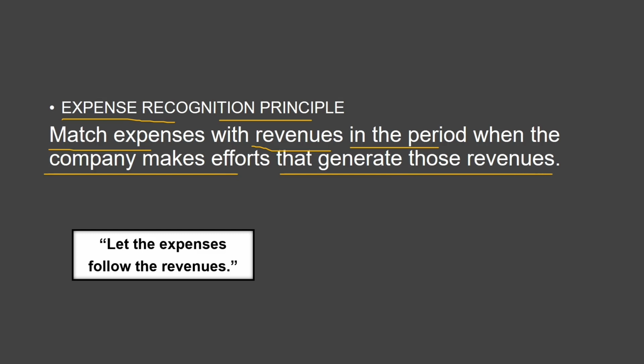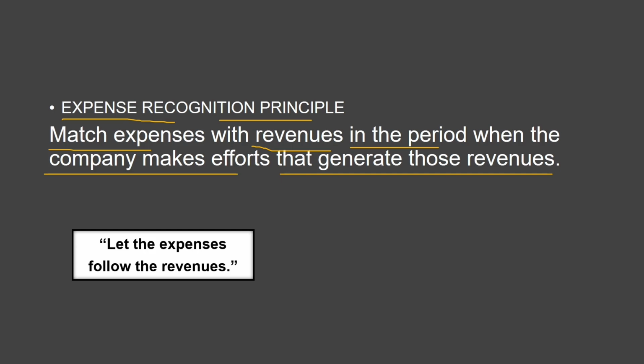Like when we are developing a product, there are utility expenses and other direct and indirect costs associated, and we will match these expenses which are used in delivering the revenue.